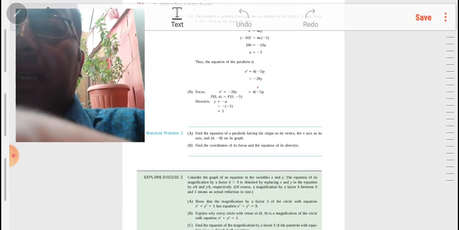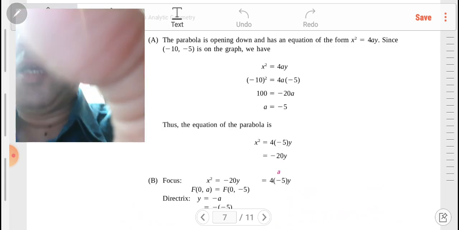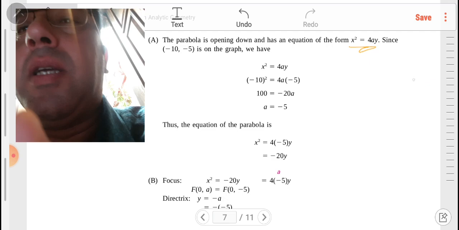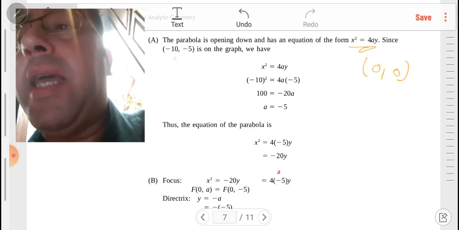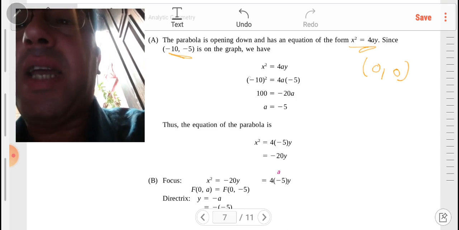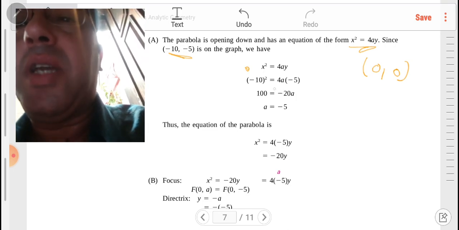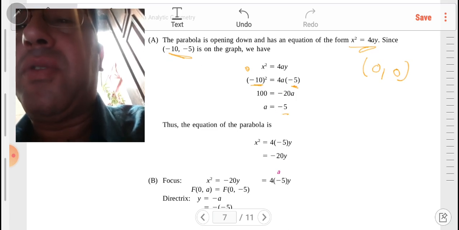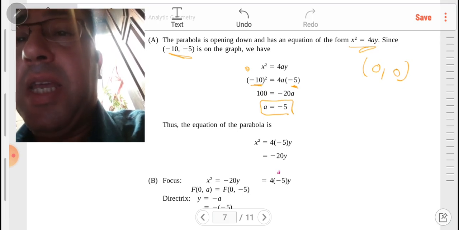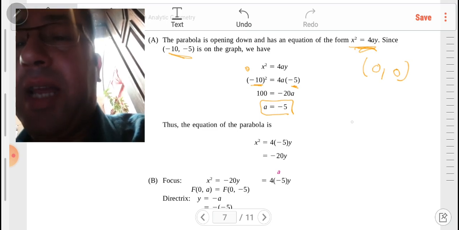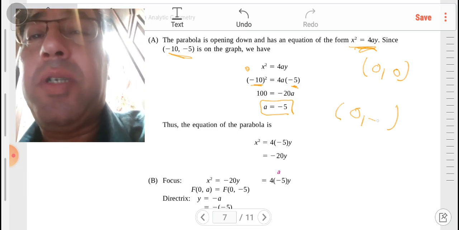Let's see how. This parabola is vertical. It has its vertex at the origin, and it passes through the point (negative 10, negative 5). We can use the equation x squared equals 4ay and replace x and y by negative 10 and negative 5 to determine the value of a. A here is negative 5, and we have a vertical parabola, so the focus is (0, negative 5).